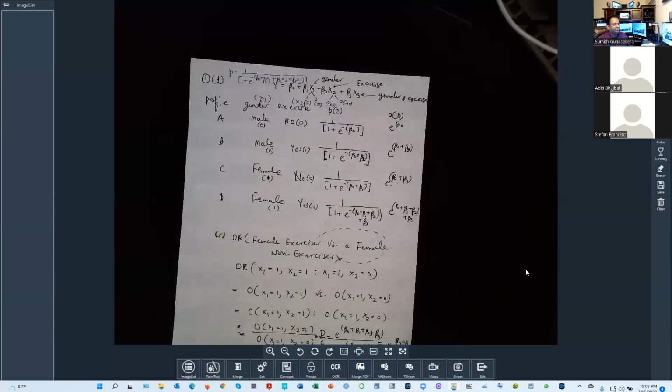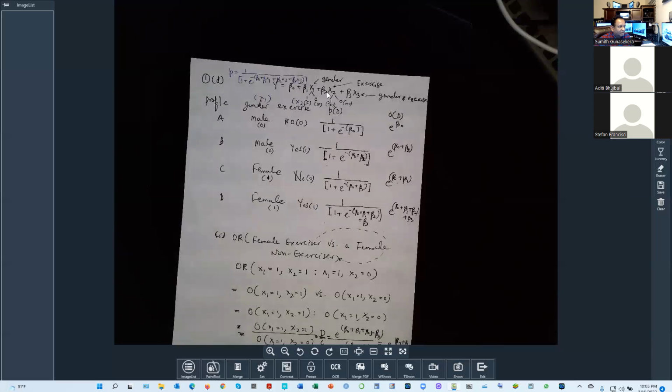But that's enough for you to say this one is saturated, because we have 1 2 3 4 estimators, 4 probabilities. Earlier we had 3 probabilities, 4 parameters. That has been remedied.